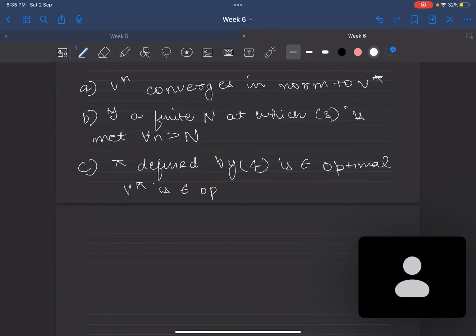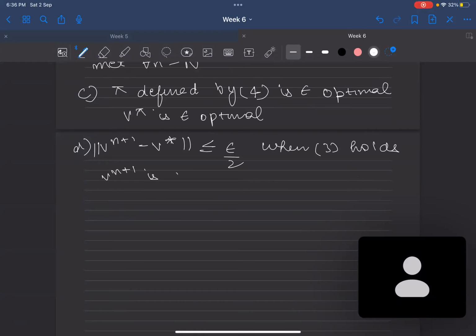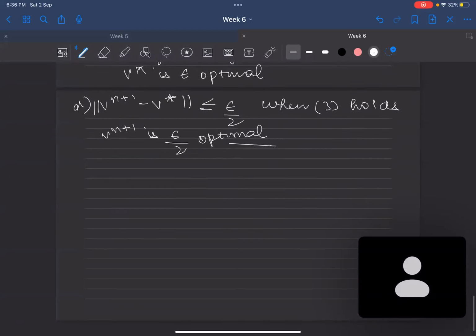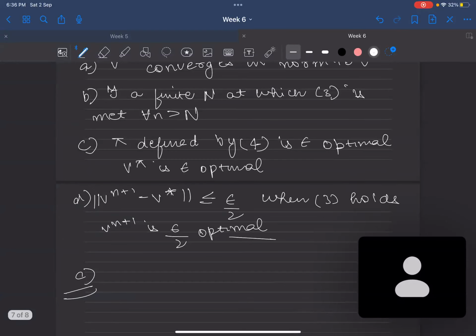V pi is basically epsilon optimal. Now coming to Vn plus 1 minus V star, Vn plus 1 is epsilon by 2 optimal. Let's go with the C part.